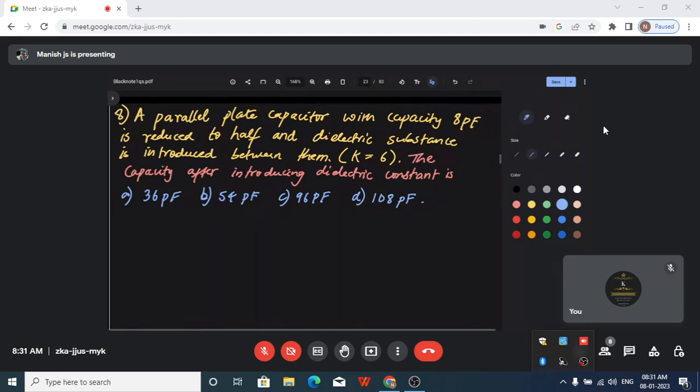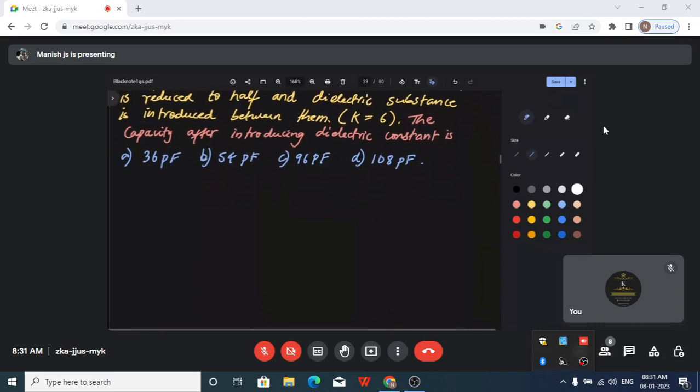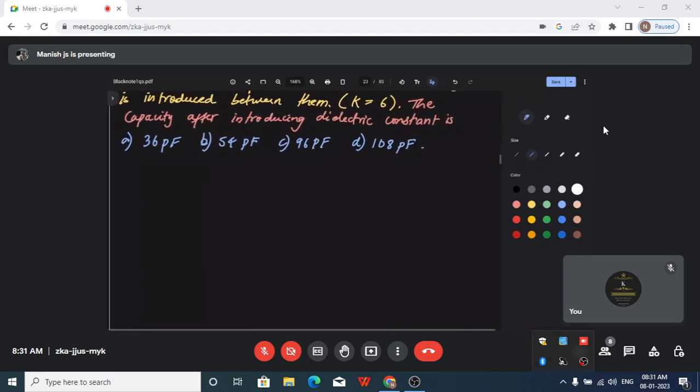Yes. What is the formula for a capacitor having a dielectric constant filled between the plates? Epsilon naught A by D. Exactly. K into epsilon naught A by D, the formula. Okay.